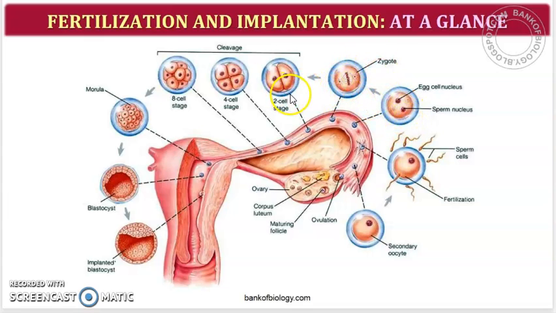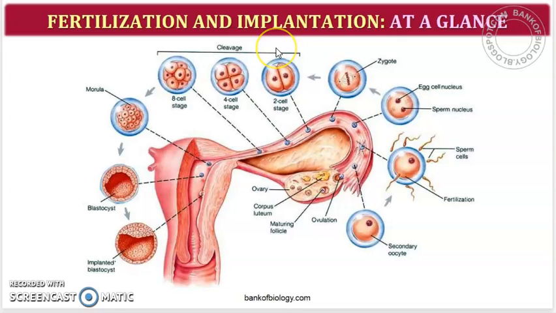Then the zygote will go through the 2-celled stage, 4-celled stage, and 8-celled stage, and by the end of this stage they will reach a structure called the morula. The 2-celled, 4-celled, 8-celled, and 16-celled stages are called cleavage.